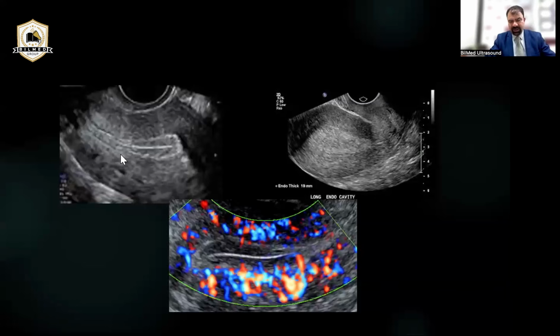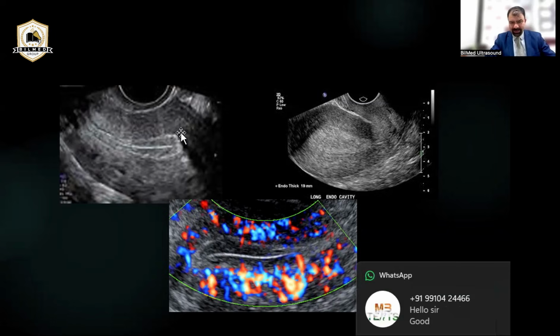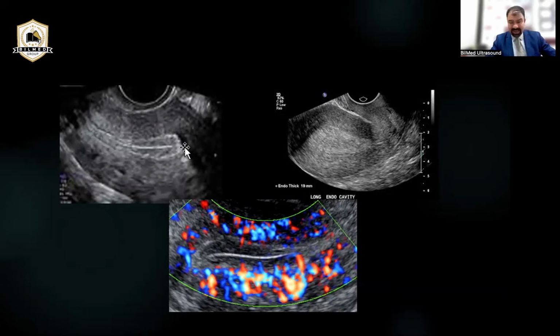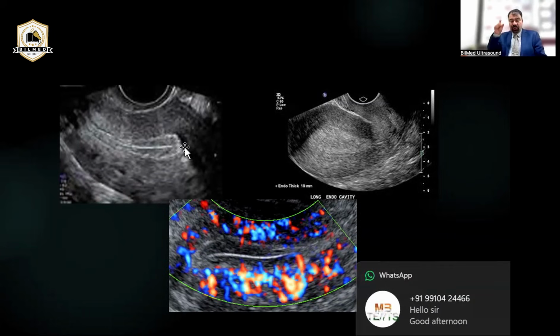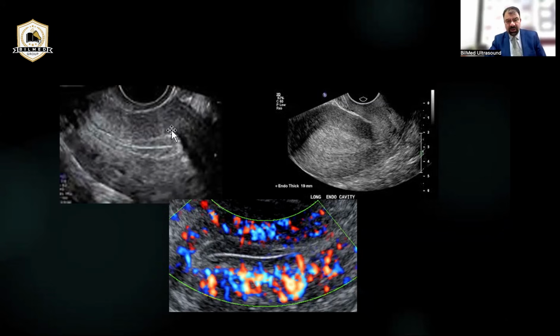Now, for example, over here, now see, for example, over here, the color box cannot be small, because I have to see the vascularity in whole of the endometrium. Now I cannot say, nobody can say that you should have this much of color box and you should not have this much of color box. If you are concerned about the whole endometrium, then your color box has to be accordingly this much big.